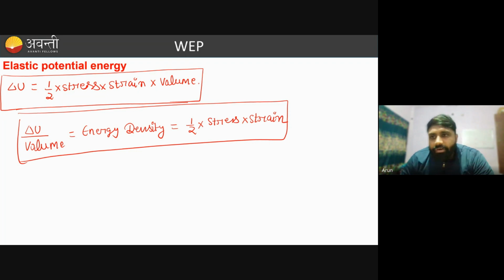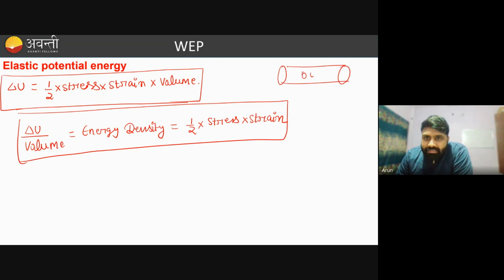Okay, so what will happen when we apply a force to a particular material and stretch it? The distance between the molecules will increase. The arrangement is disturbed, and elastic potential energy comes into the picture when there is a disarrangement.